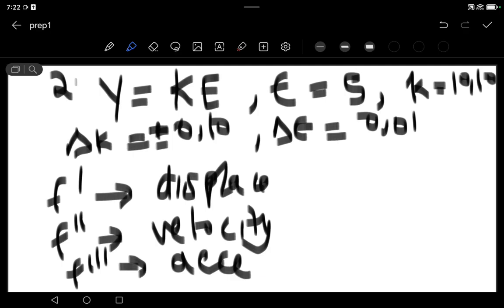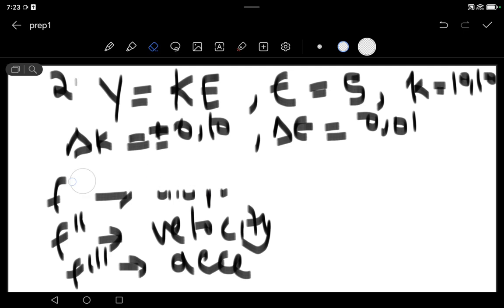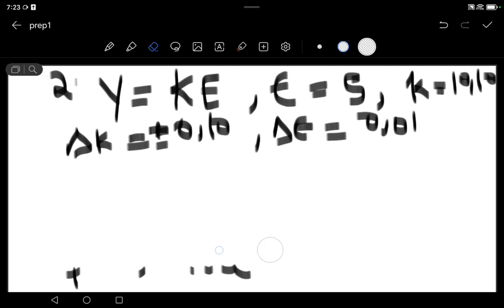So here they want us to estimate the uncertainty in displacement. Displacement is the first derivative, which means in number 2 we derivate our equation once, and that's where we get the answer.